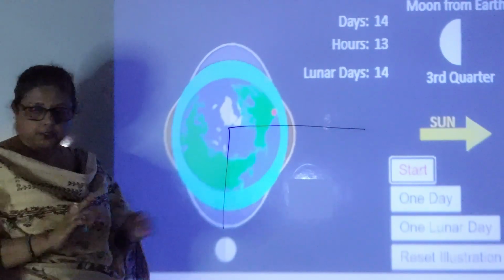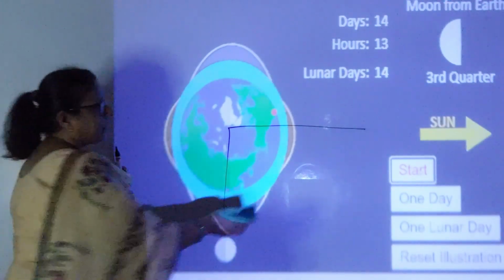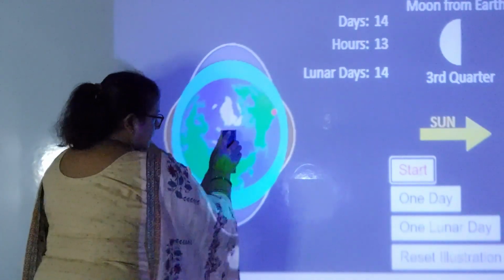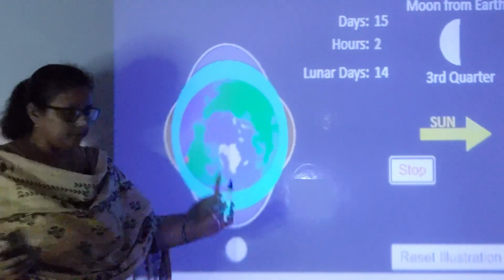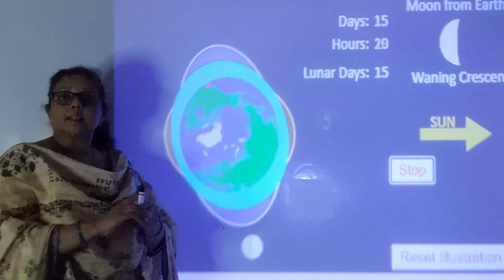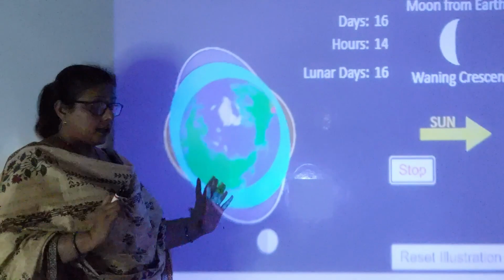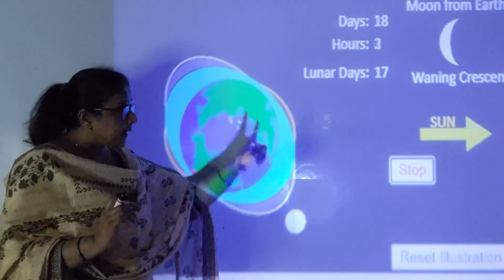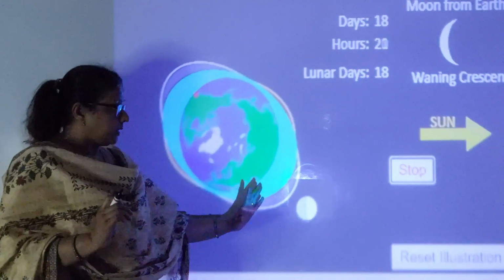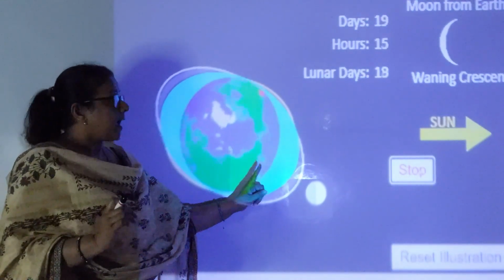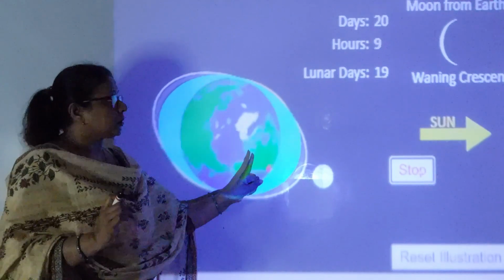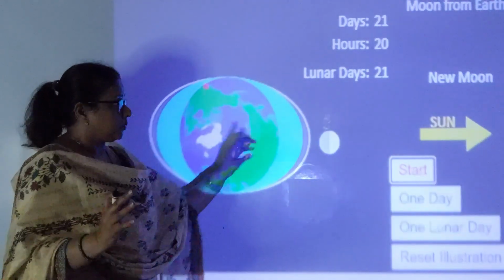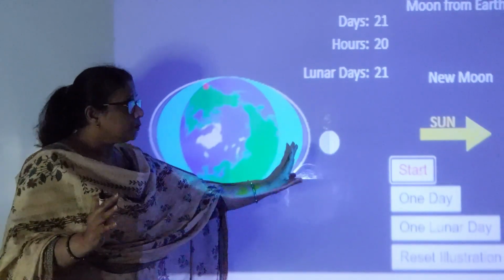Now after this position, the moon again begins to revolve and a time comes when we cannot see the moon at all. The waning of the moon continues and it reaches a position when we cannot see the moon at all. So you can see the new moon.